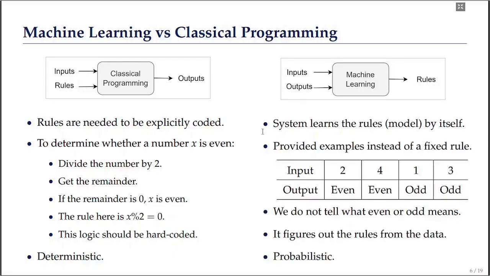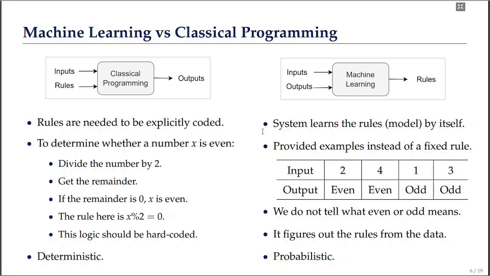When you come to machine learning, the inputs and the outputs are provided as an input, and then the system is expected to figure out the rules that associate the inputs with the outputs. So here, unlike classical programming, the system learns the rules or the model by itself. So for the previous example, to determine whether a number is even or odd, instead of giving a fixed rule, what we are going to provide is examples or data, the inputs and the outputs.